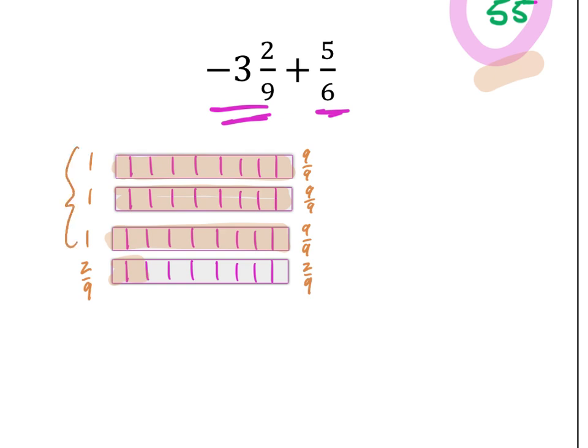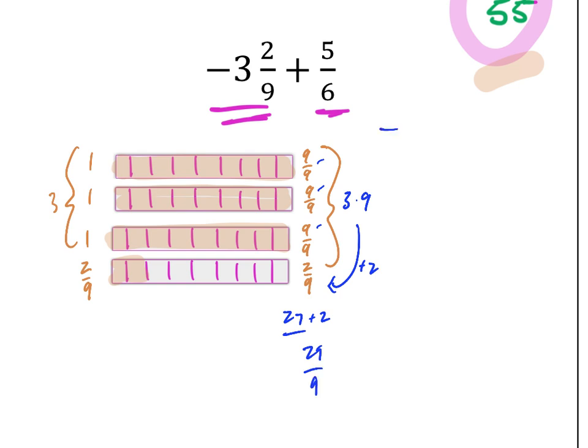There's 3 and 2/9, which is actually 9/9 and 9/9 and 9/9 and then 2 more 9ths. So this is where you get that rule of 3 times 9, because there are 3 9s, right? 3 times 9 plus the 2. That's where it comes from. So that's going to be 27 plus 2, which is 29 ninths.